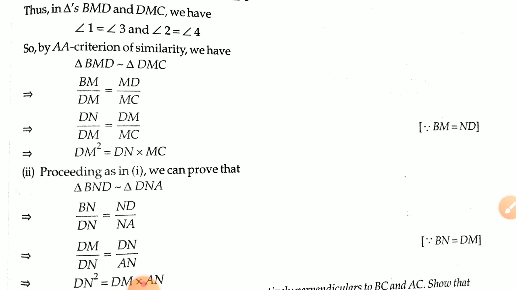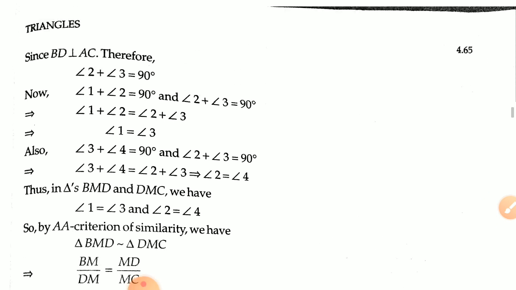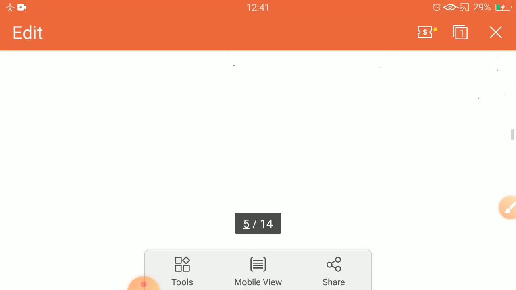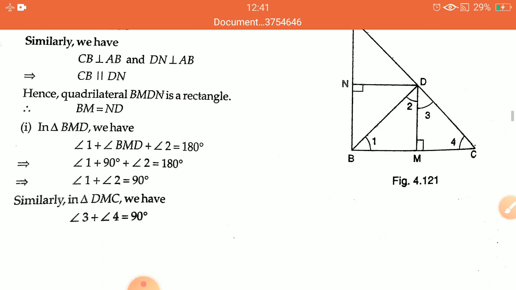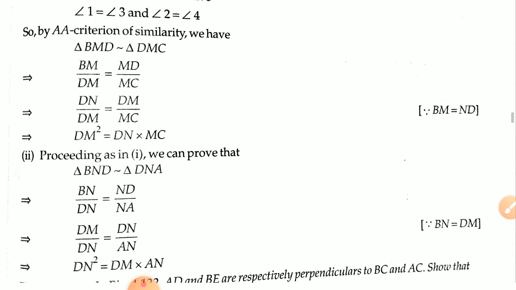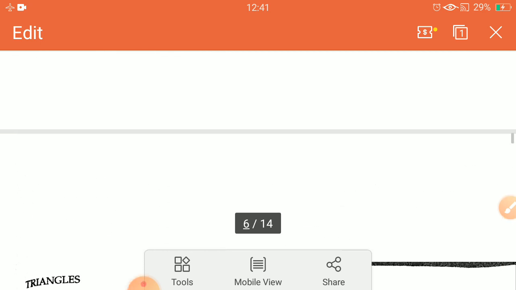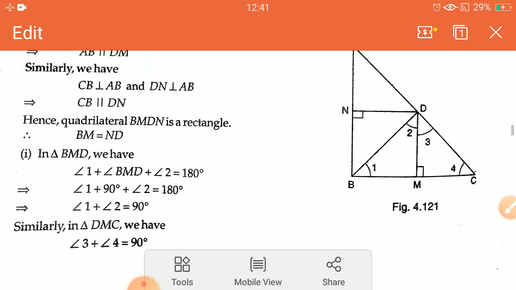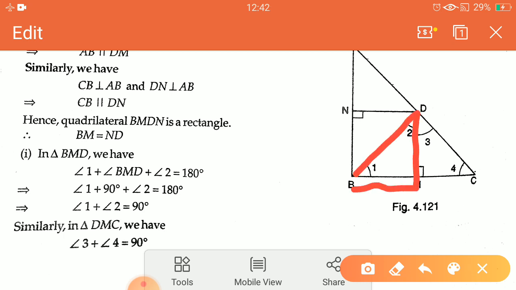Now, for equation 1, we know that triangle BND is similar to triangle DNA.